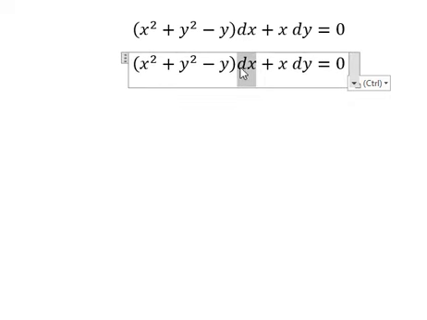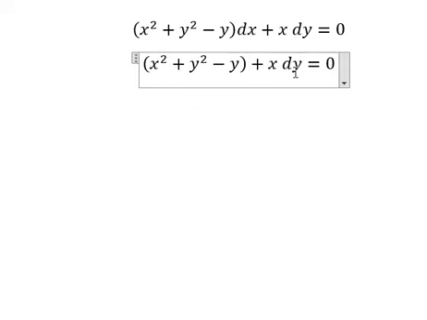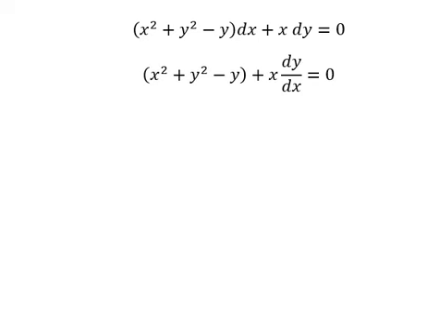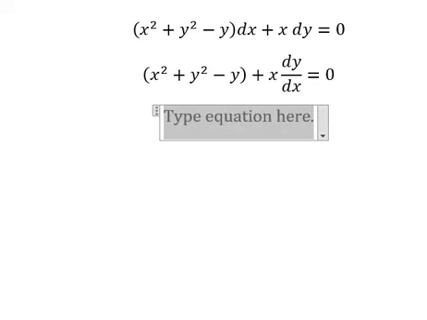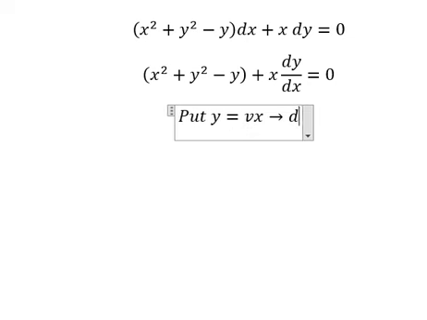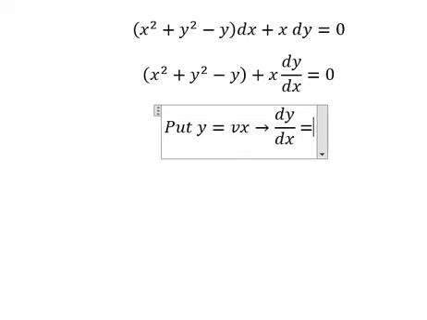I need to divide both sides by dx. Next, we need to put y equals vx. So if we do the first derivative for both sides, we have like this.